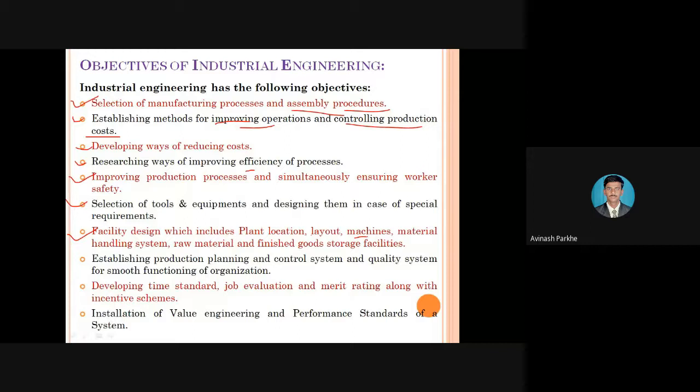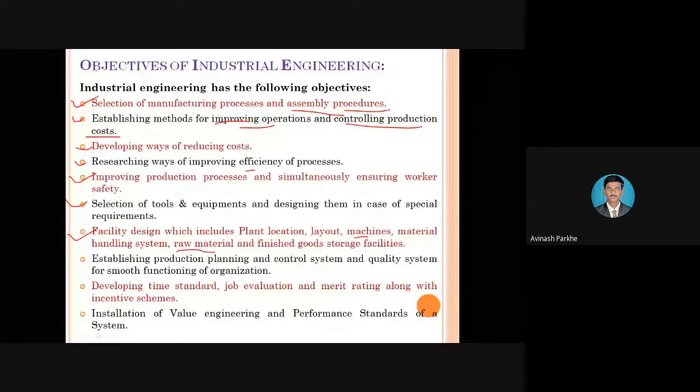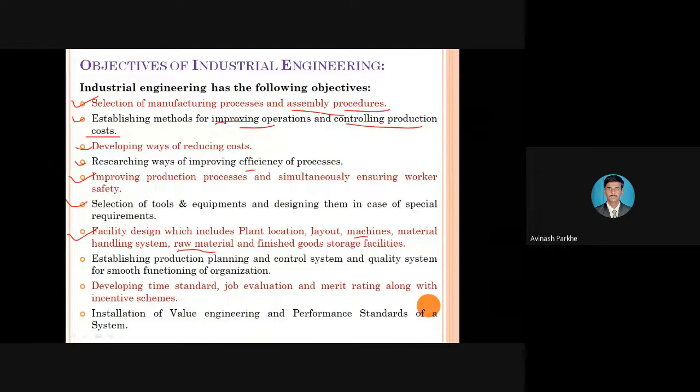For the design of the material handling devices, we can use the belt drive, we can use the chain drive. Devices like that we can implement in the industry. Then raw material, this is one of the important resources. If the raw material is not available, it is not possible to obtain the finished goods. So the raw material should be easily available from the market, or from a nearby location, so your transportation cost goes on decreasing.